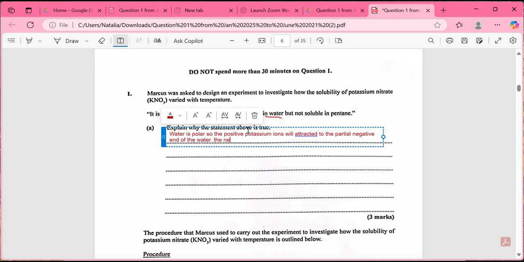The negative nitrate ions will do what? They will be attracted to the partial positive end of the water.